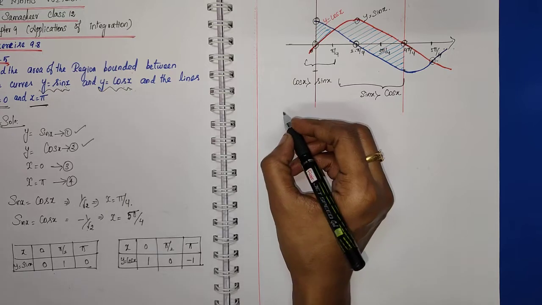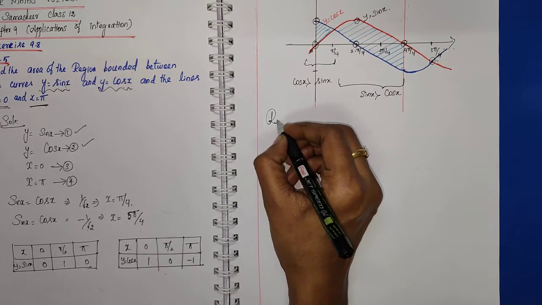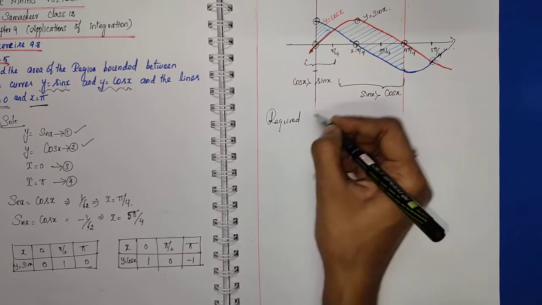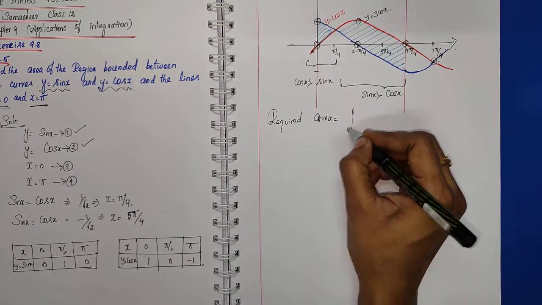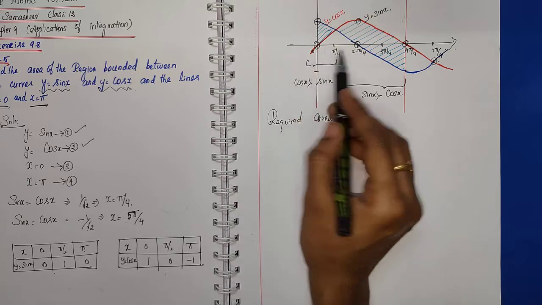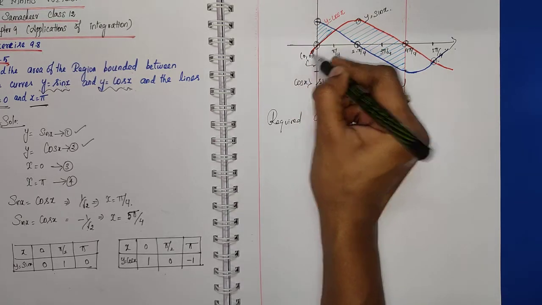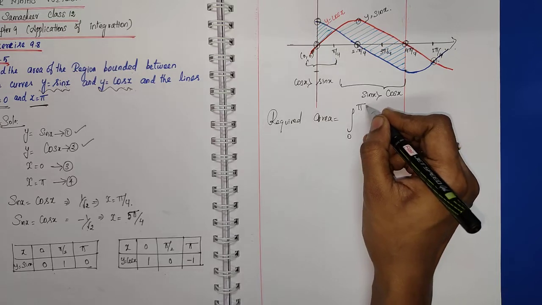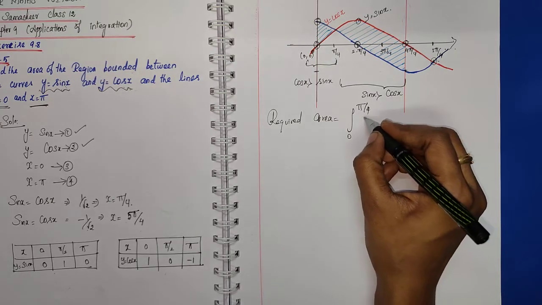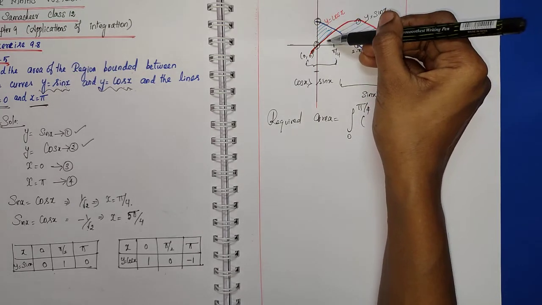So required area is equal to the integral over 0 to pi by 4, upper curve minus lower curve.